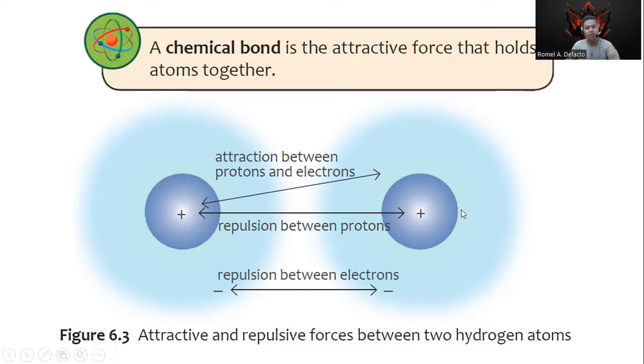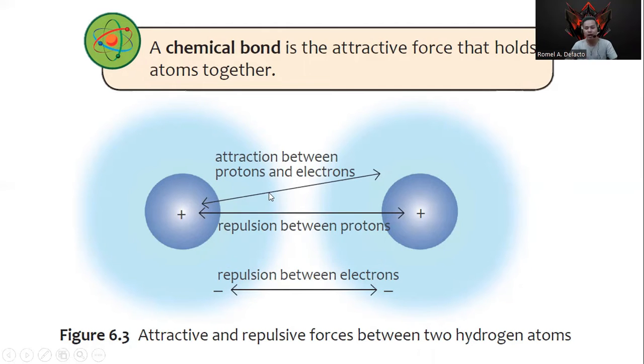Each hydrogen atom has one proton, so there is a repulsive force between the two protons. Same with the electrons: each has one proton and one electron, so there is also a repulsive force between the electrons.